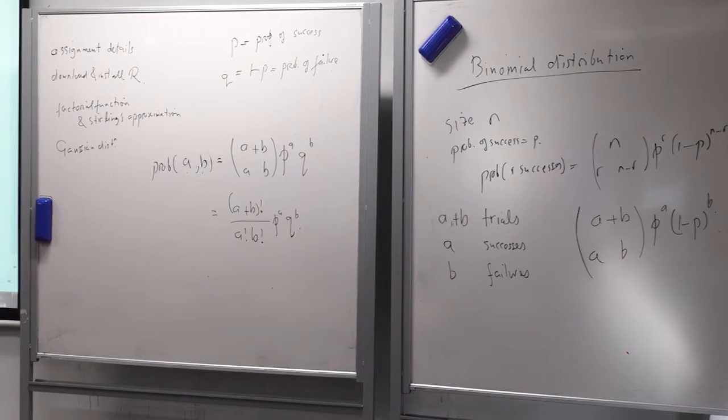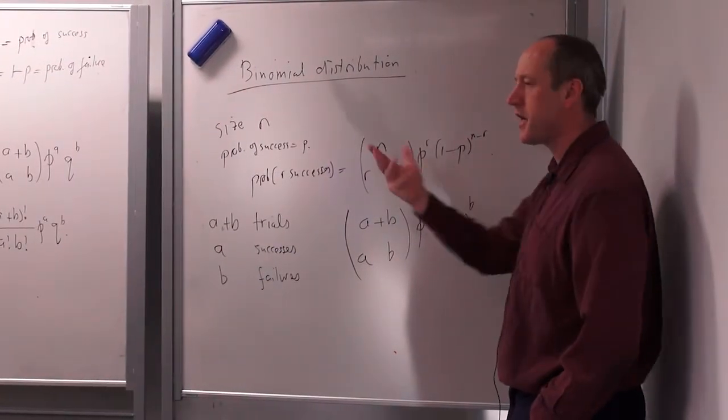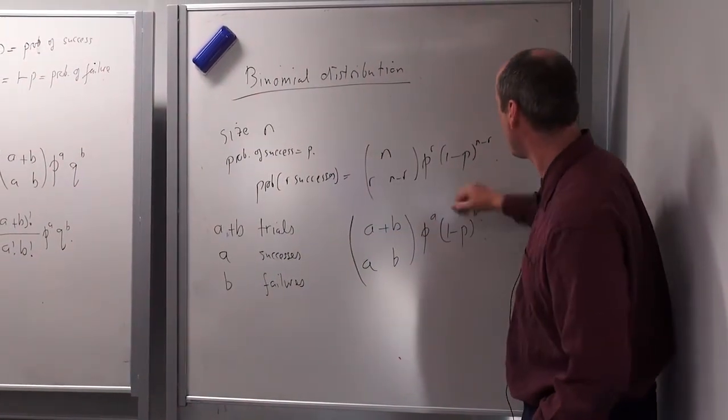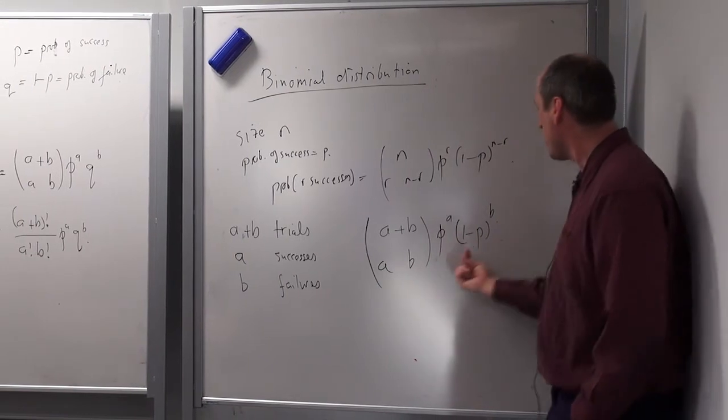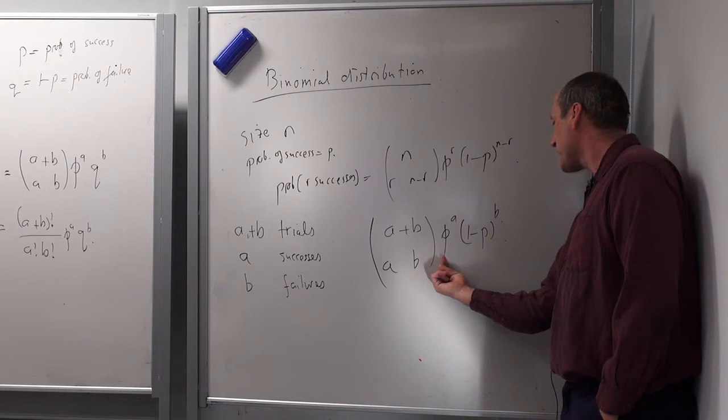I want to encourage you to try and think like that when you see an expression like this, you see how there's an asymmetry between successes and failures, and really failures and successes, they're just alternative words for the same process. This is a much more symmetrical way, because we've got symmetry between A and B, but still we've got an asymmetry between success and failure.